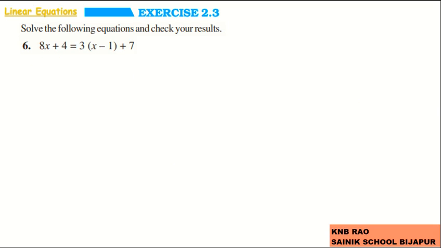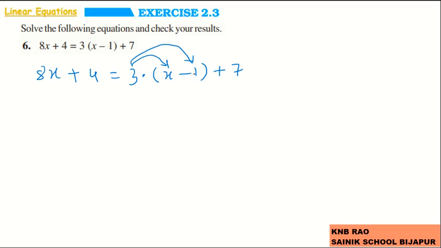Now coming to question number 6. Here children, 8x plus 4 equals 3 into x minus 1, which means we are distributing 3 multiplication over subtraction, which we have already learned in the chapter rational numbers.